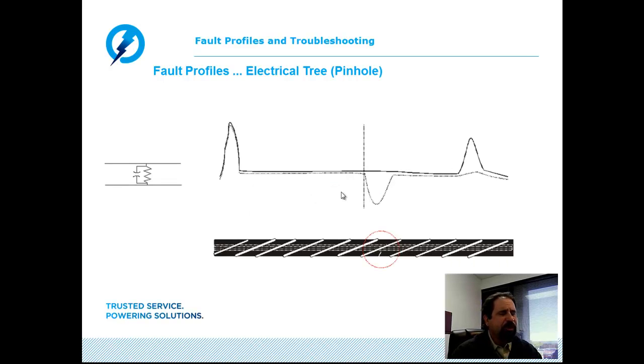Now, if we were looking at the electrical tree or the pinhole in the cable using one of the time domain reflectometry methods, for instance the pulse echo method, the value of the insulation resistance and the physical gap value may be much higher in impedance than the low voltage applied by the time domain reflectometer can actually see.